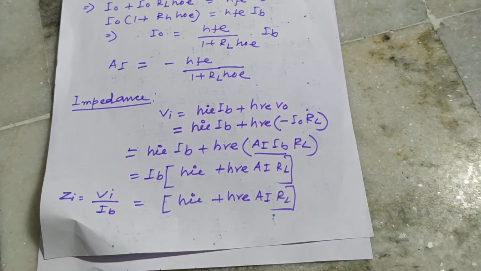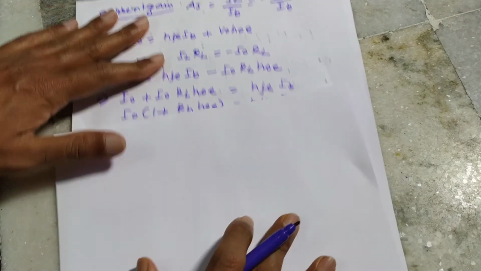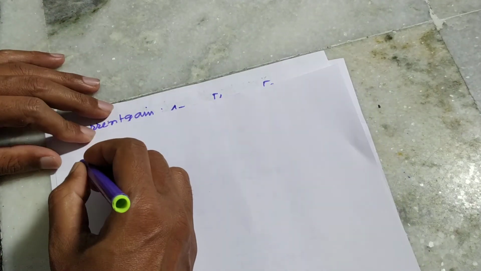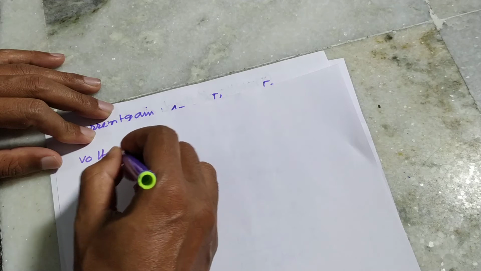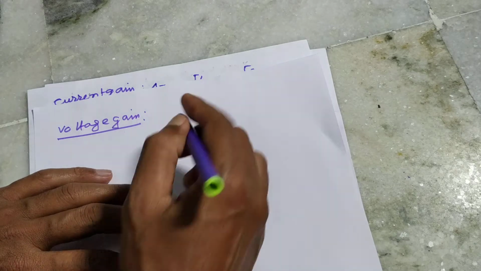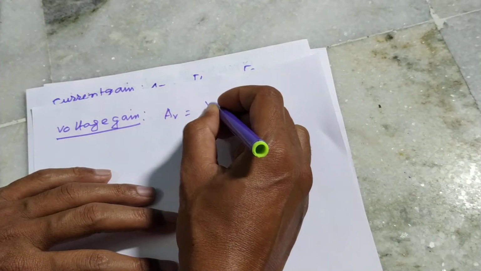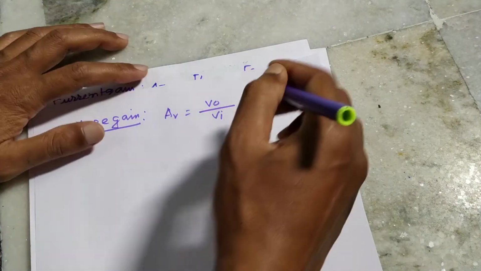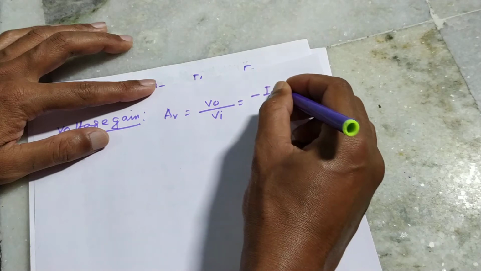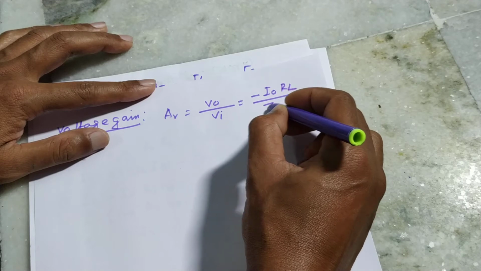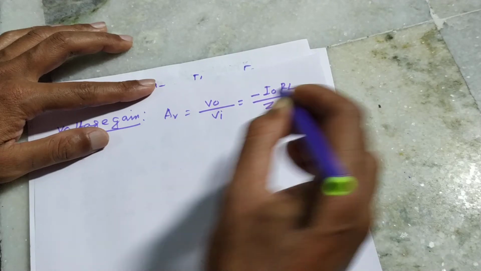Now I will calculate the voltage gain. Voltage gain AV is equal to V0 by Vi. Okay, the ratio of the output voltage by input voltage is the voltage gain, and V0 is equal to minus I0 RL, and Vi is equal to input impedance into input current.